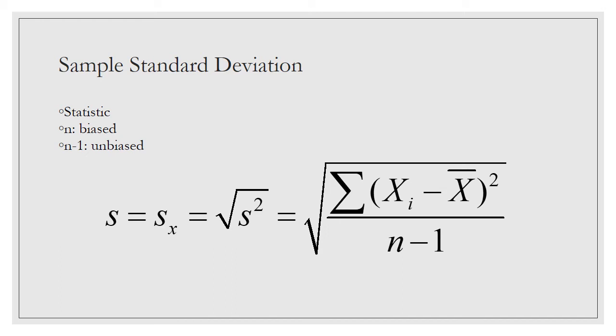And again, we have n minus 1 in the denominator instead of n, little n for sample size. We just subtract 1 to keep things unbiased. Unbiased here just means that by making that slight adjustment, sample standard deviations will look a lot more like a population standard deviation would look like.